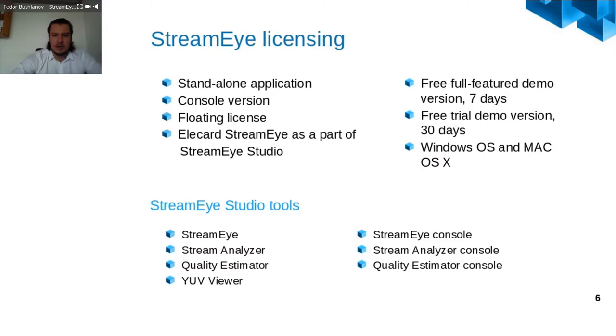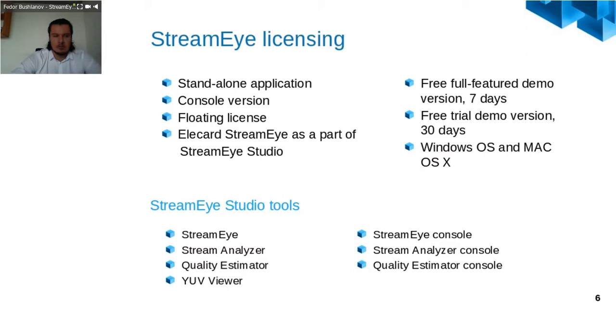If you work with StreamEye and 4K video, the typical setup consists of two 4K monitors in order to use the stream comparison functionality of StreamEye, either using two StreamEye instances running simultaneously, as I mentioned, or just using a compressed video stream and a reference video file.